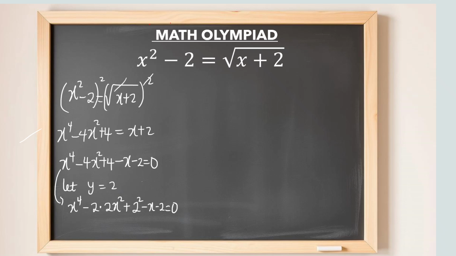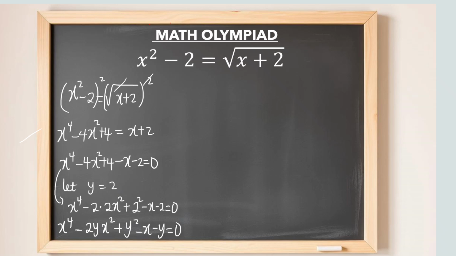Now, using the fact that y equals 2, here I'm going to have x to the power of 4 minus 2y x squared plus y squared minus x minus y equals 0.